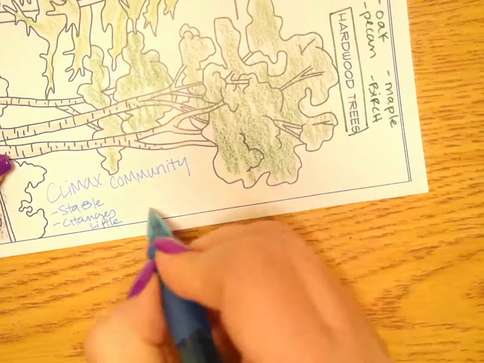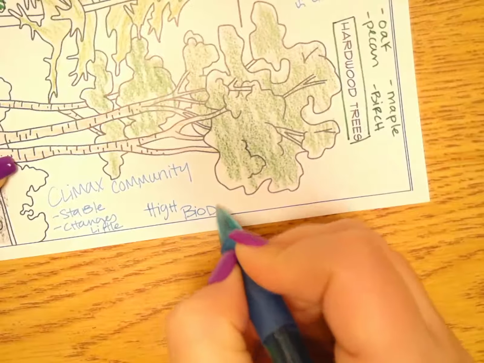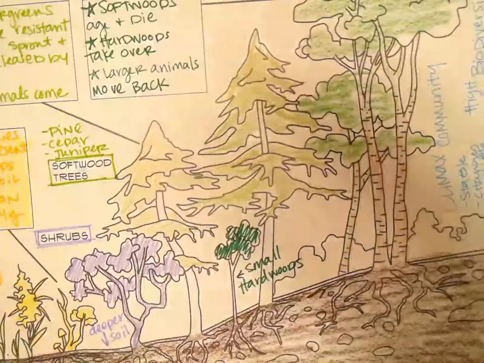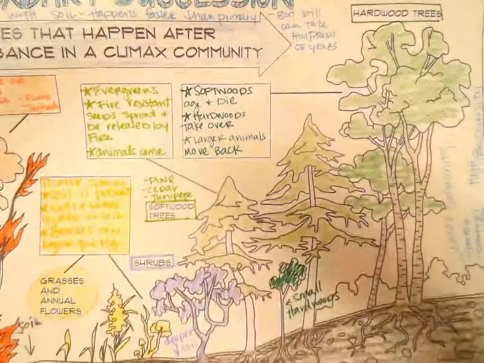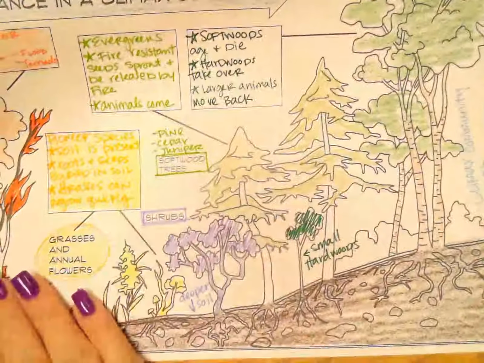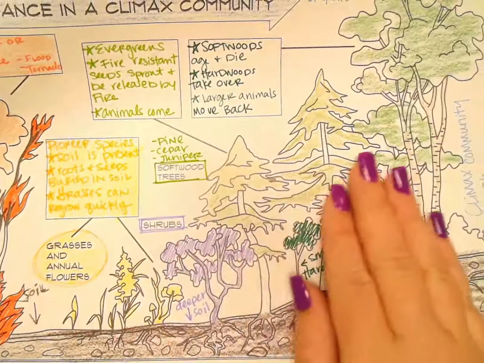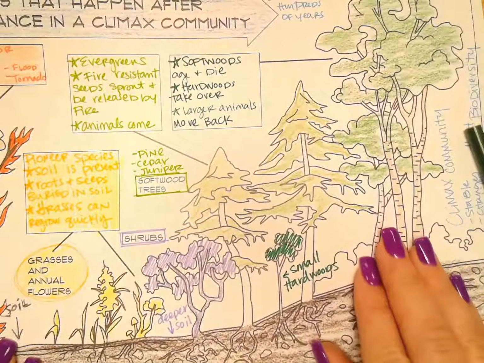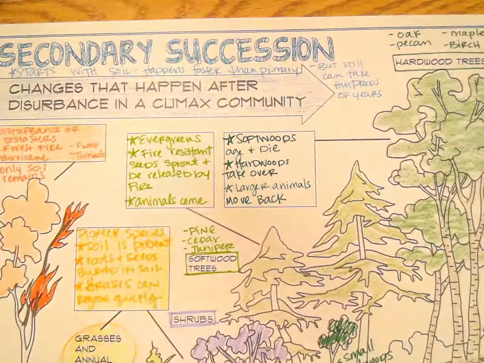Remember, we have a high biodiversity here. Okay, so I'll zoom out so that if you missed something you can catch it. I hope that gives you guys a visual of how we come from disaster and progress through larger and larger organisms that are able to live and survive in a particular ecosystem after disturbance happens, right?